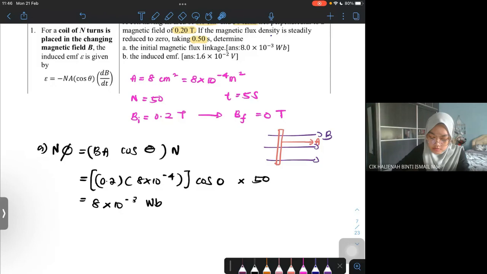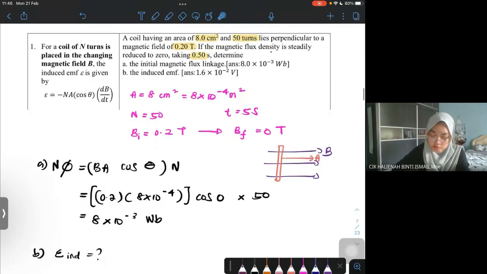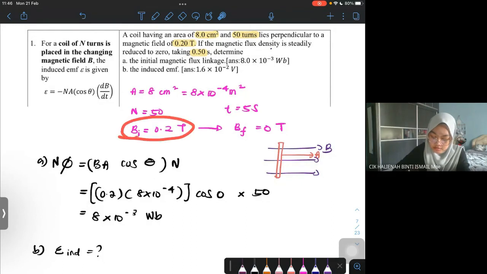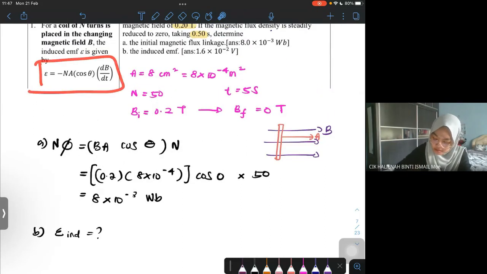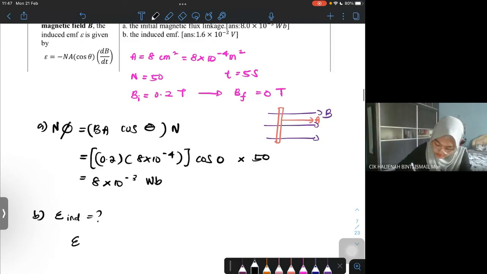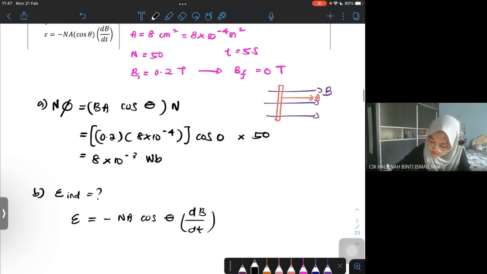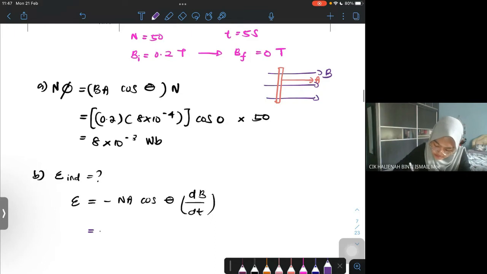Second one, we need to determine the induced EMF. What is induced EMF? In this case, what changes is the magnetic field. So initially it is 0.2 and then it changes to zero. Here the formula is already given, where E induced is negative NA cos theta dB over dt. So we just put in.